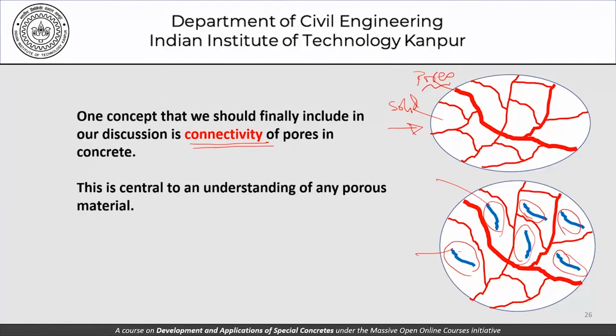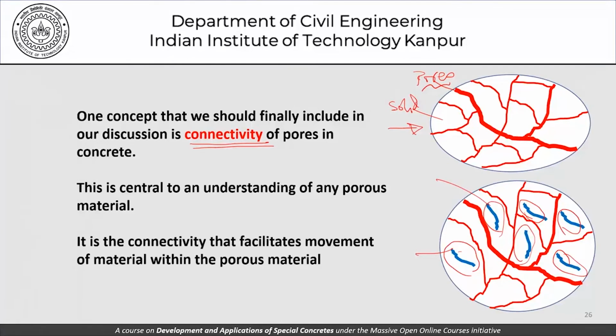This is central to our understanding of any porous material. We must understand that there could be, or there are, continuous pores of different diameters, and then within that solid we could also have discontinuous pores.